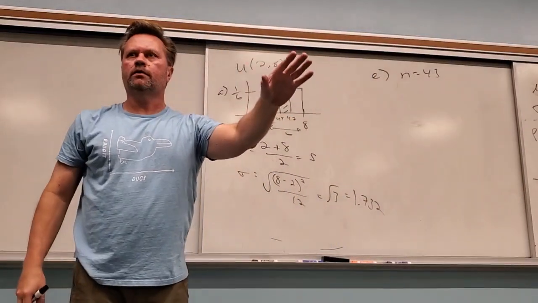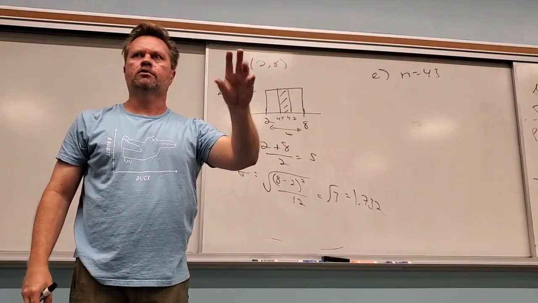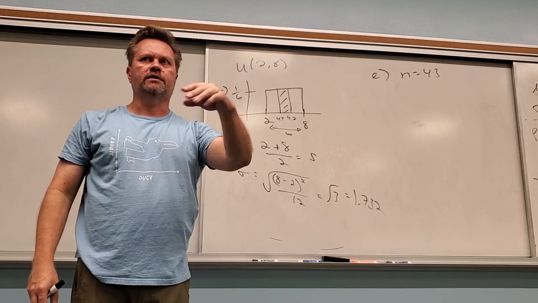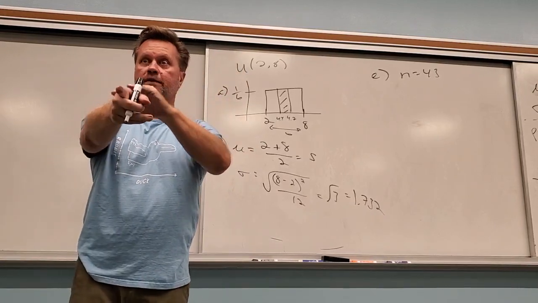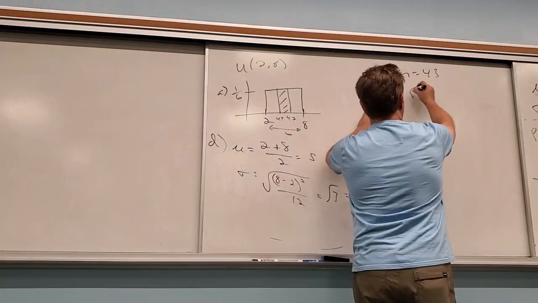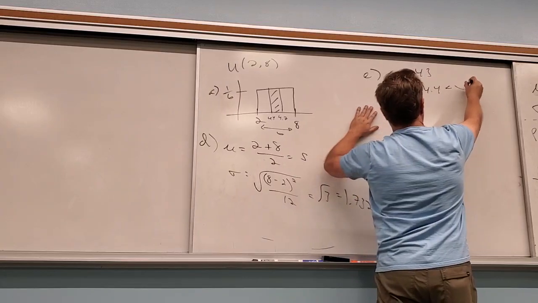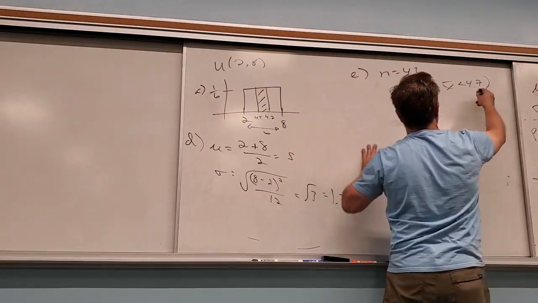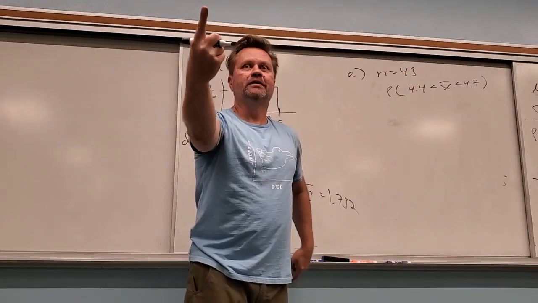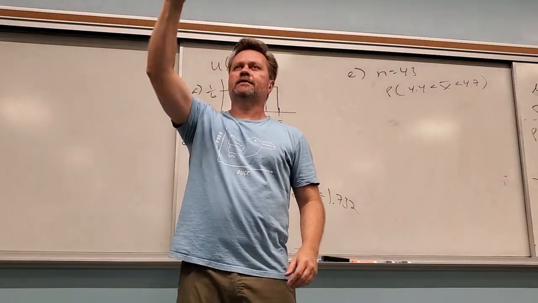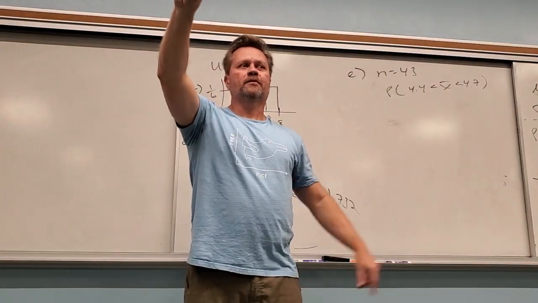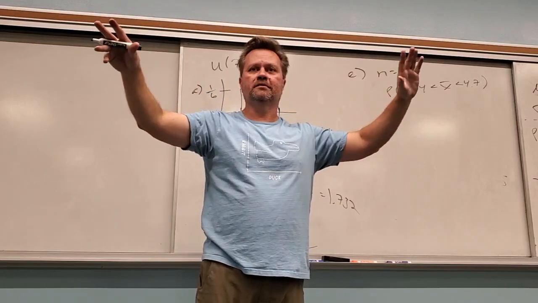What immediately happens? 2 things. Taking a sample of size 43, and I'm asking a question about the sample mean, correct? Because now I want to know the probability that this is true, right? Did I take a sample? Yes. Did I ask about the sample mean? Yes. So what has to happen?